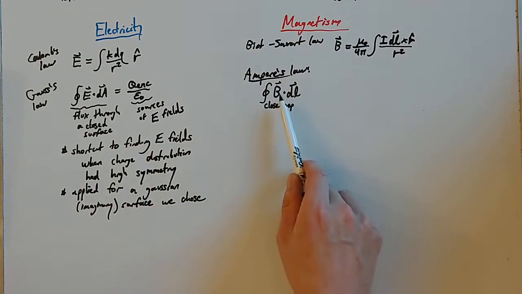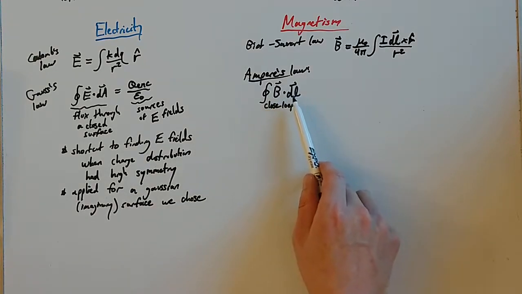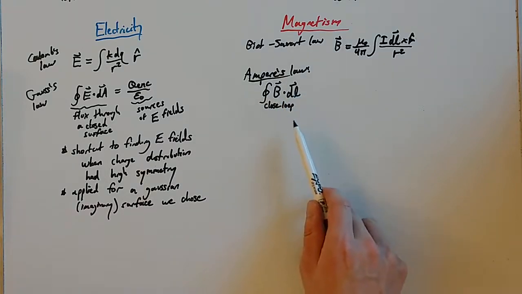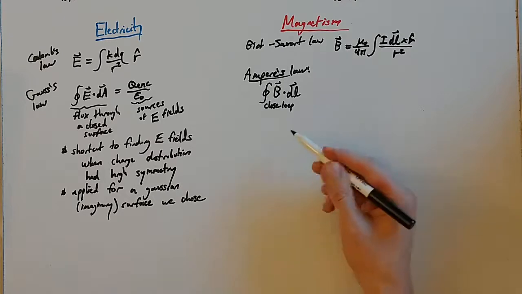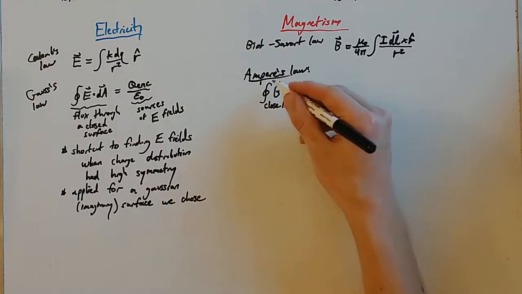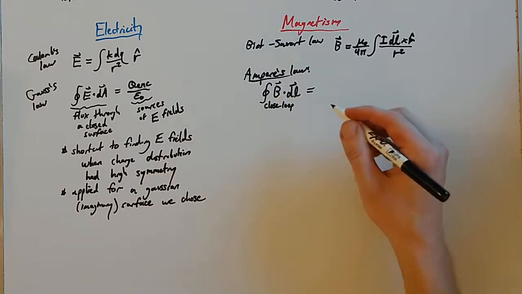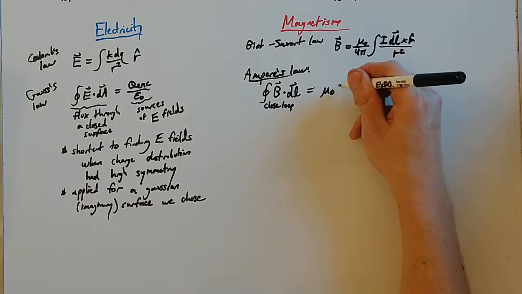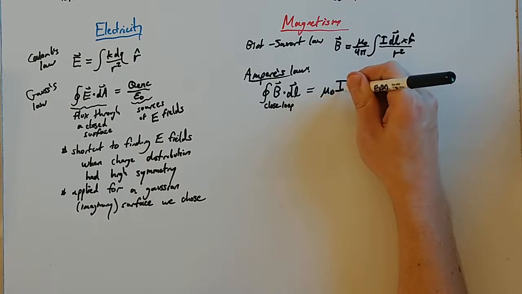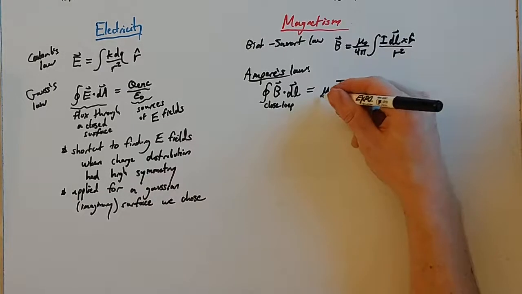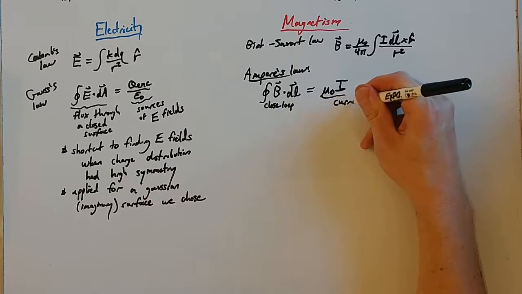B dot dl means we're going to walk through a magnetic field over some path, and specifically if it's a closed path, that means you get back to where you started. What Ampere's law says is that if you take that integral, B dot dl, that will end up being equal to mu naught times the current enclosed within your loop. So this is the current going through your loop.